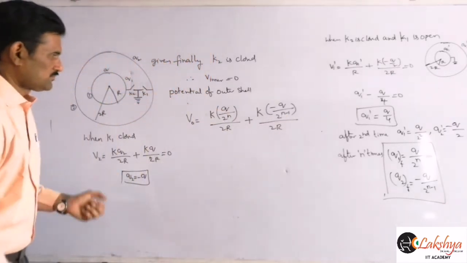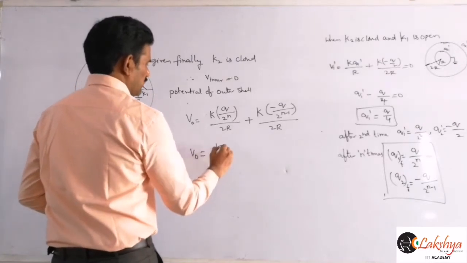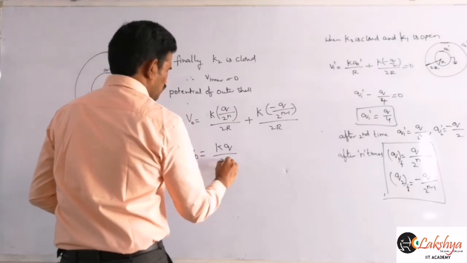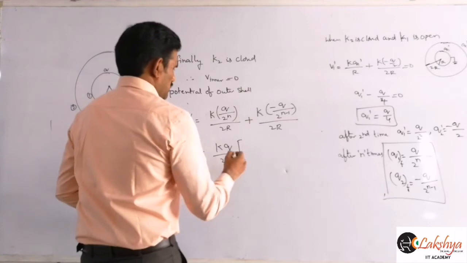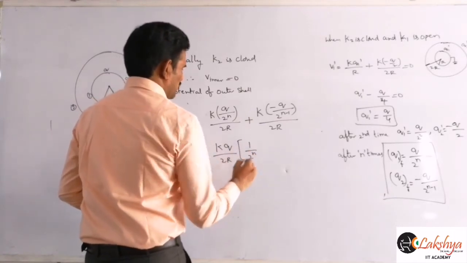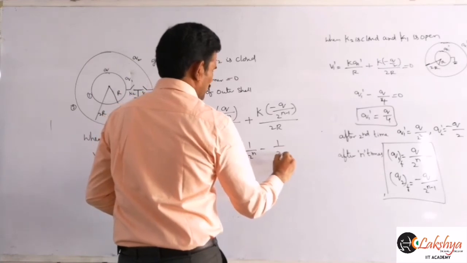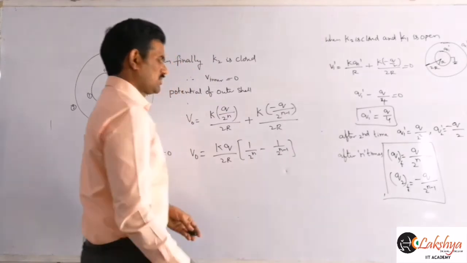So right. Therefore I can simplify this. Kq by 2r I am taking common, and so this value is 1 by 2 power n minus 1 by 2 power n minus 1, right.